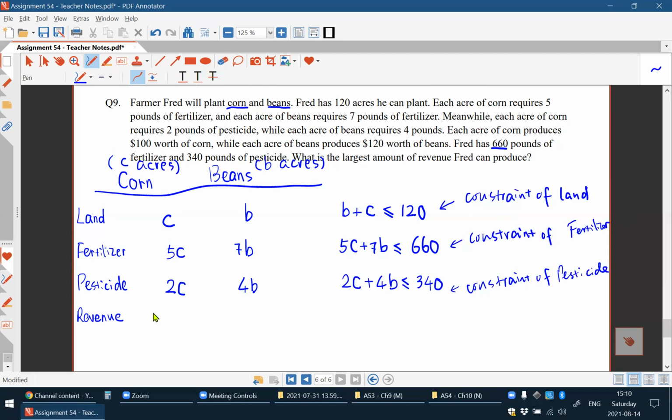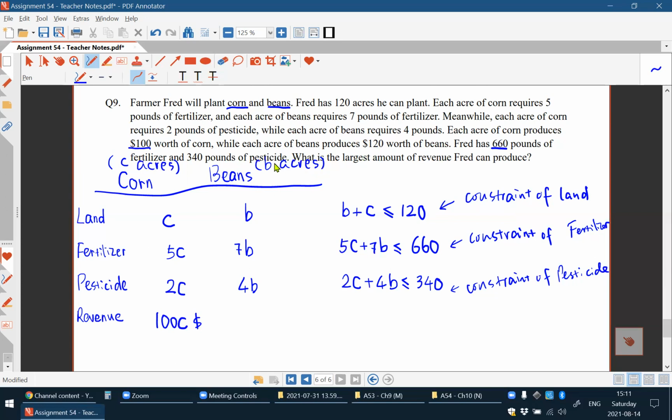So how about revenue? Each acre of corn can bring 100 revenue, right? So C acres of corn can bring us 100 multiplied by C dollars, right? And each acre of beans produces 120.